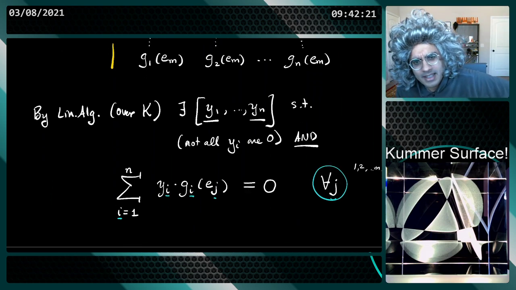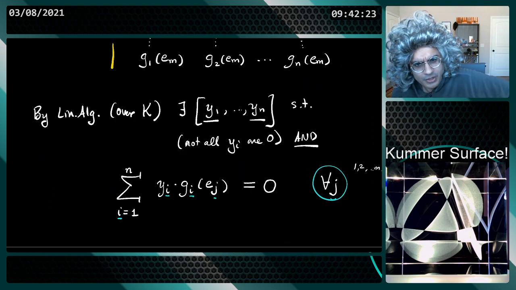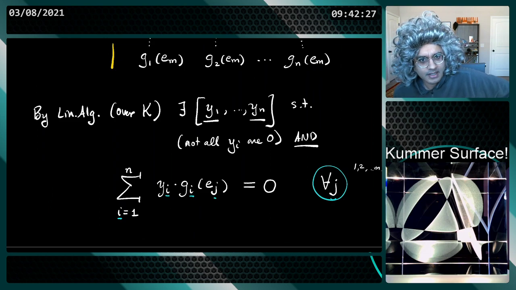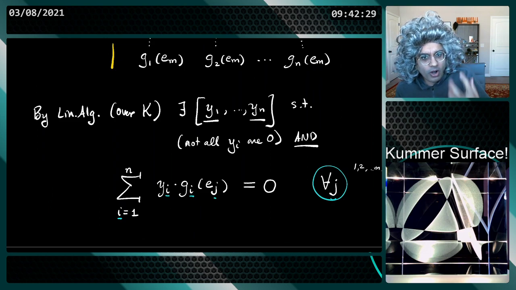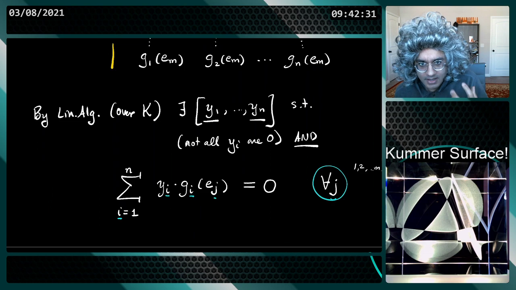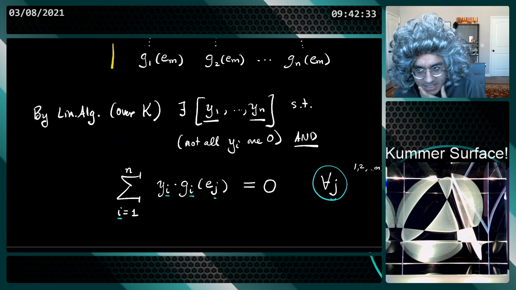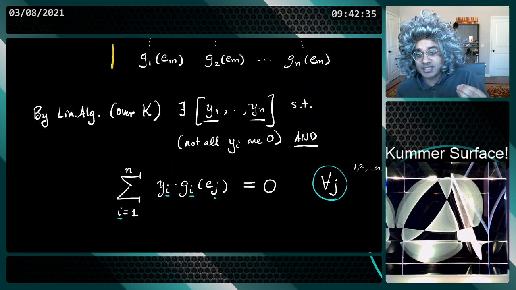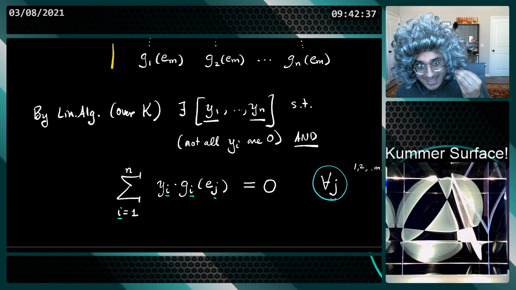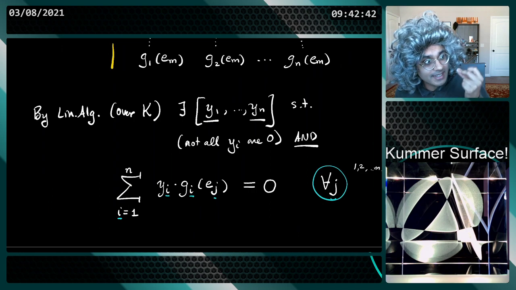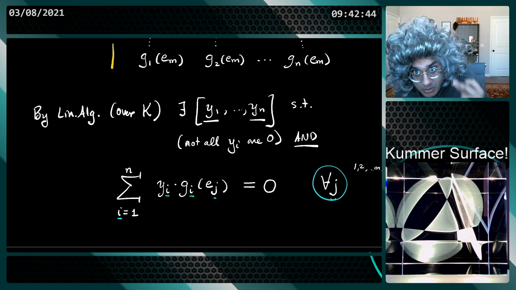Okay, but now if you know that this one relationship, the y's, is holding among all the outputs of the ej's, it actually means that the elements g1 up to gn are linearly dependent homomorphisms.